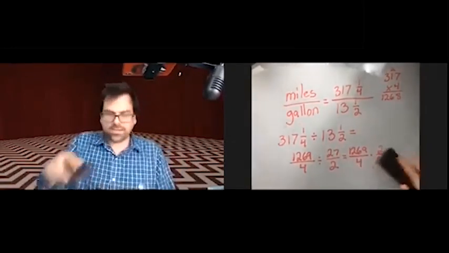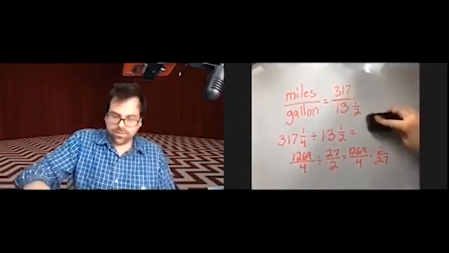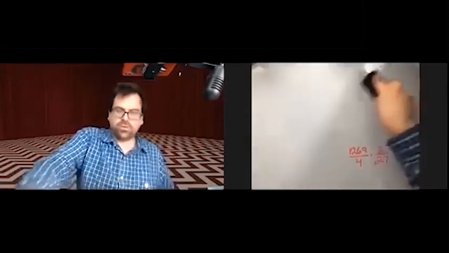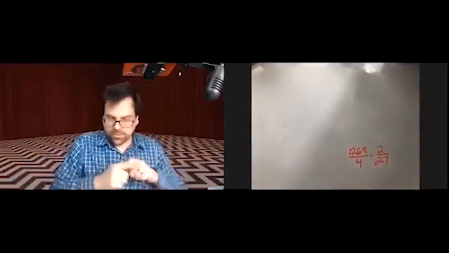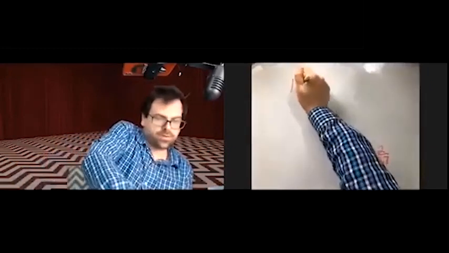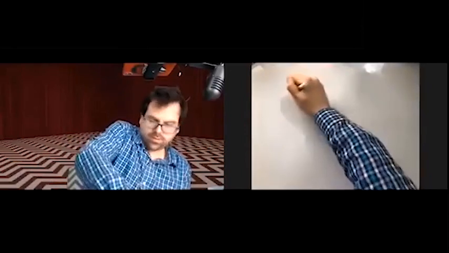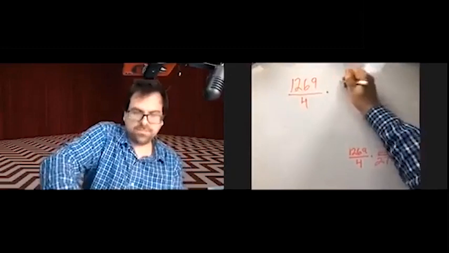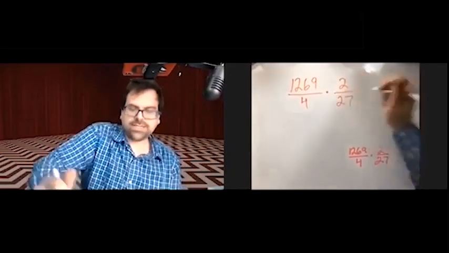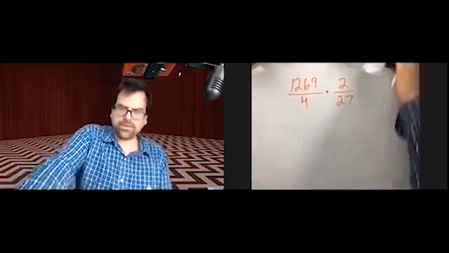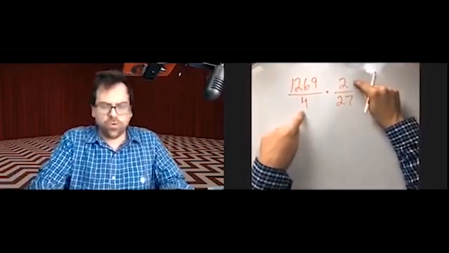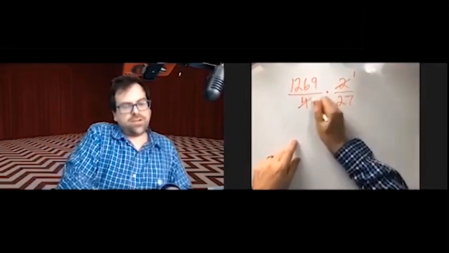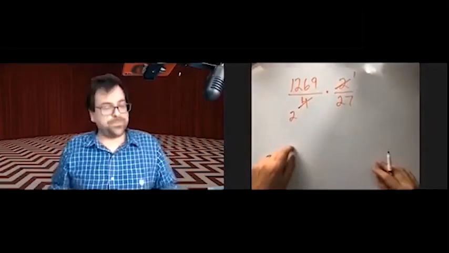I'm going to write this in the top right corner so that I have more room to show you what's going on. (1,269 fourths) times 2/27. Let's cancel. 2 and 4 can both be divided by 2. 2 divided by 2 is 1. 4 divided by 2 is 2.